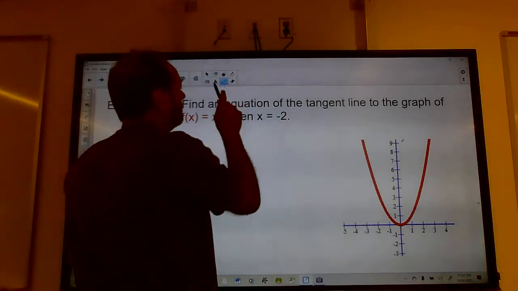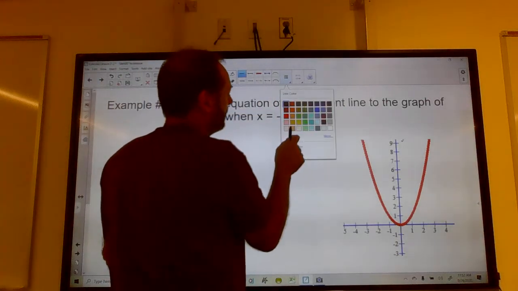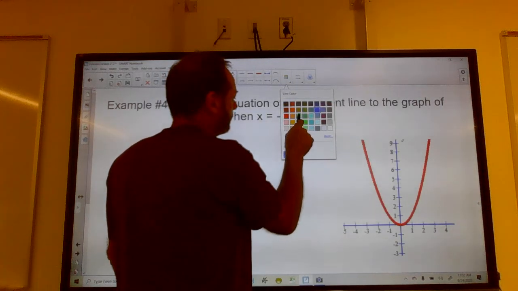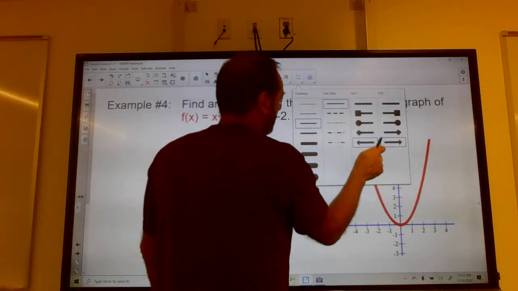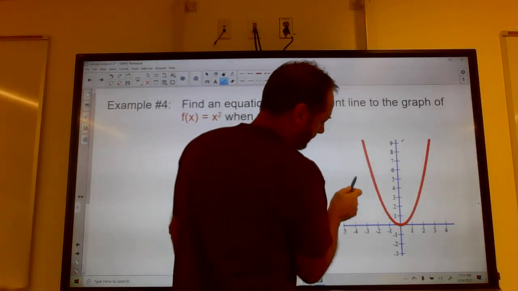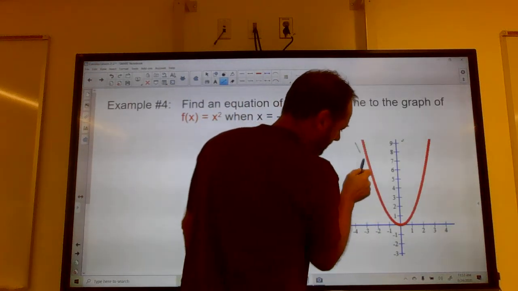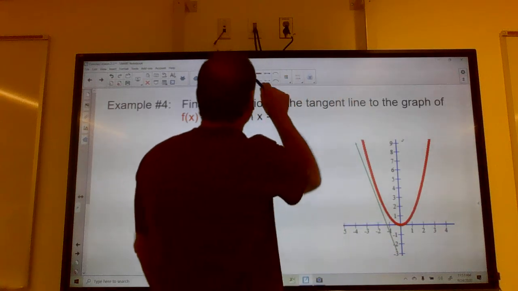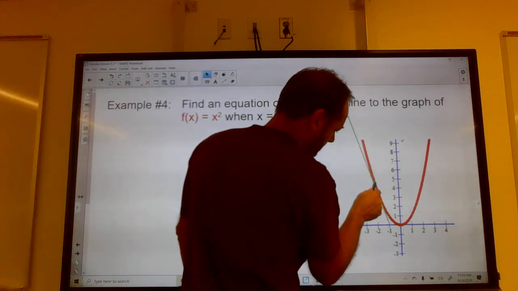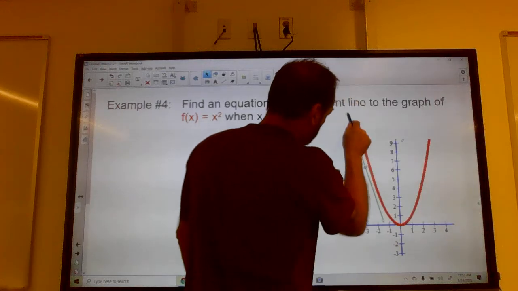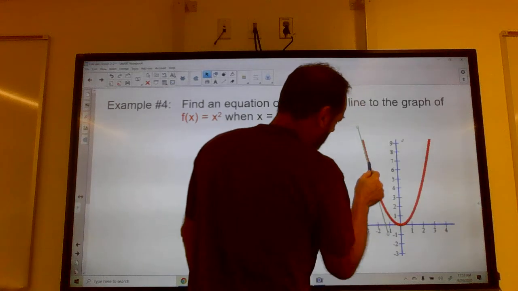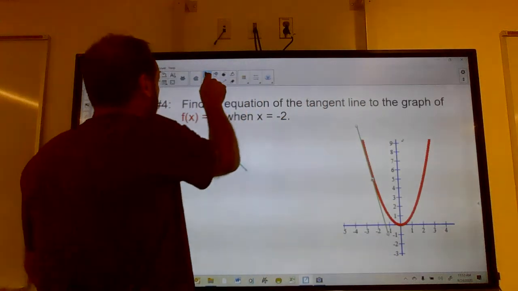So what I want to find is the slope of this line at -2, so it's going to be like right about here. I want to find the slope of that, approximately that line right there.